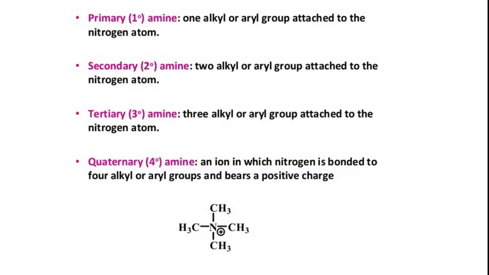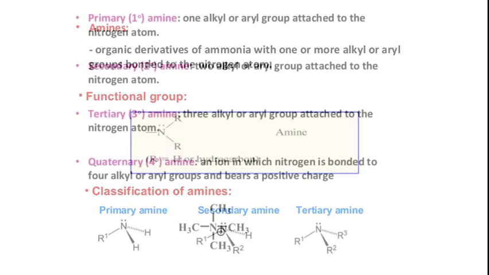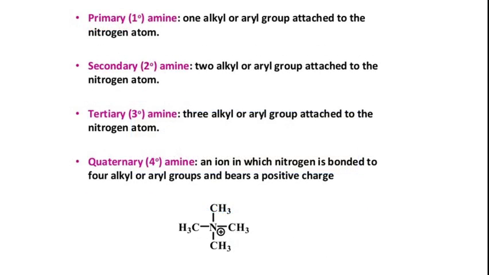Let us look in detail. In a primary amine, one alkyl or one aryl group is attached to the nitrogen atom. Two alkyl groups or two aryl groups, as we saw in the previous class, is called a secondary amine. If three groups, alkyl or aryl, are attached, that is called a tertiary amine.